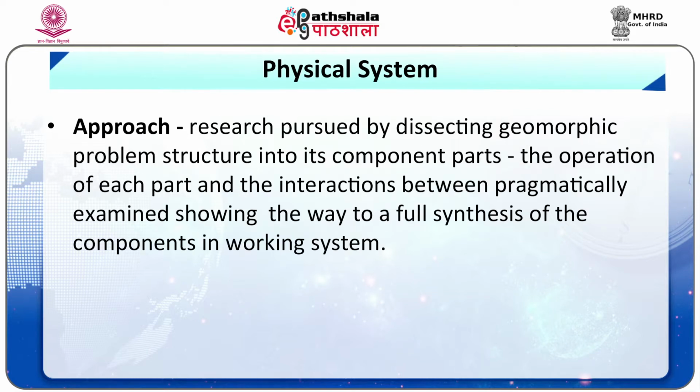This approach is based on the view that research can best be pursued by dissecting the geomorphic problem structure into its component parts, such that the operation of each part and interactions between parts can be pragmatically examined, showing the way to a full synthesis of the components into a working system.